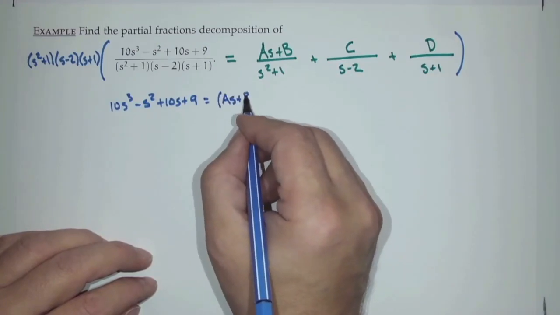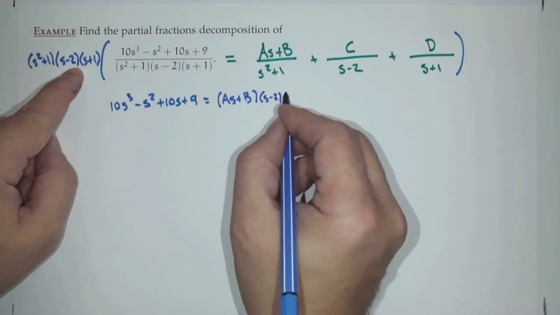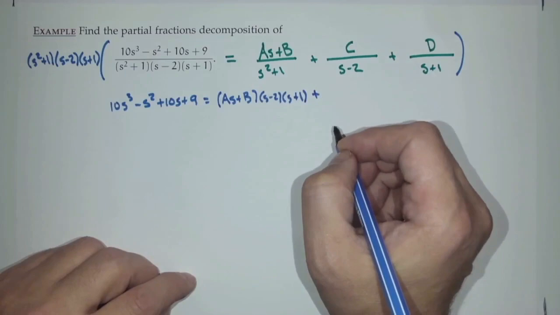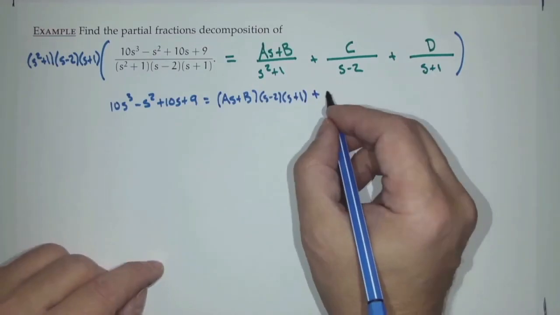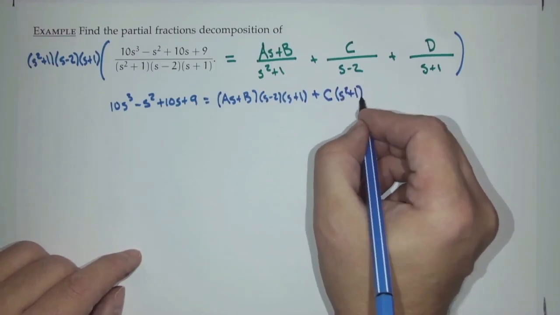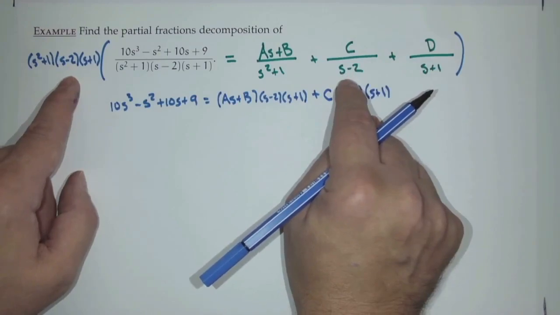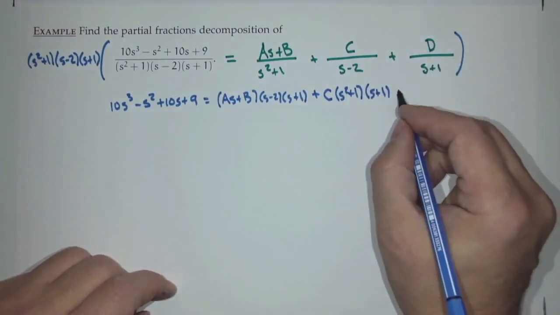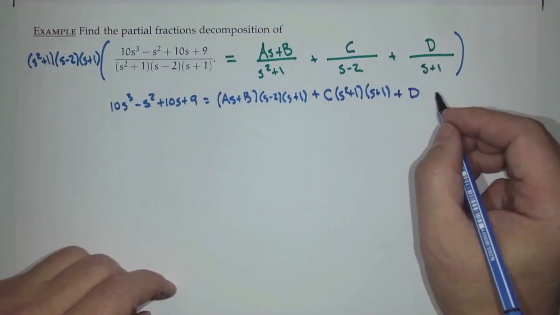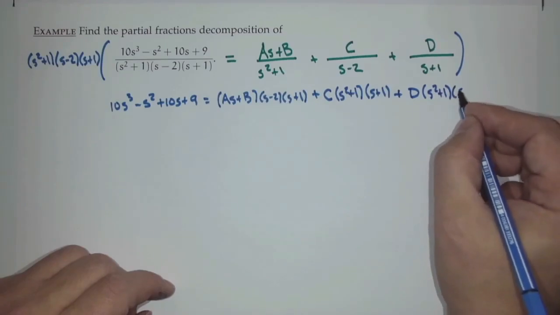So the as plus b, and then the s squared plus 1's cancel, and yeah, so s minus 2, s plus 1. Well, how about the second piece? There'll be a c, s squared plus 1, and s plus 1. The s minus 2 is canceled. And the last part, well, it'll be d, and then what else? S squared plus 1 and s minus 2.